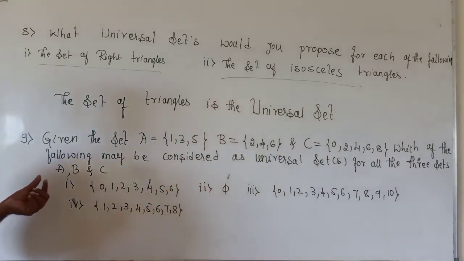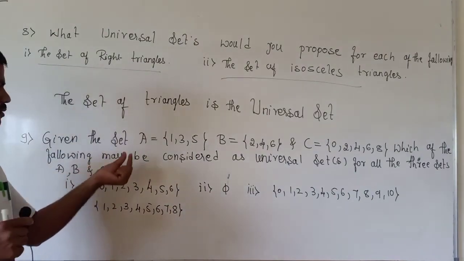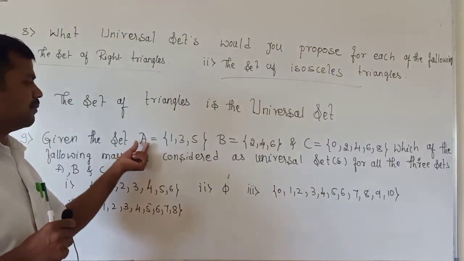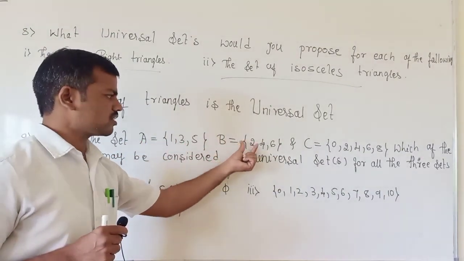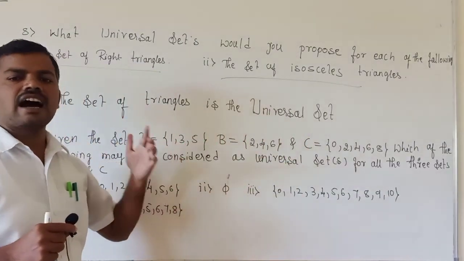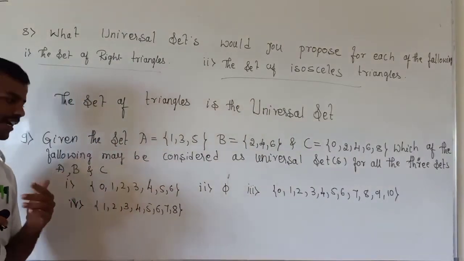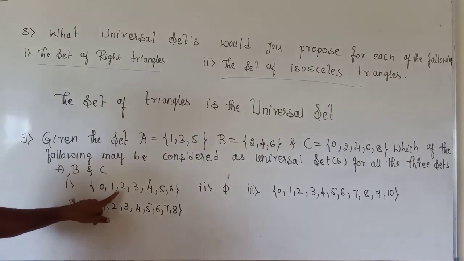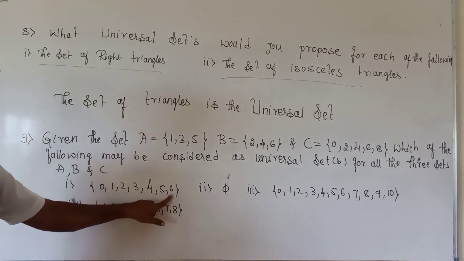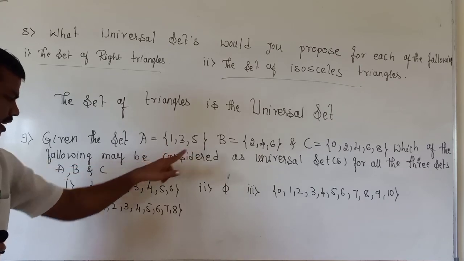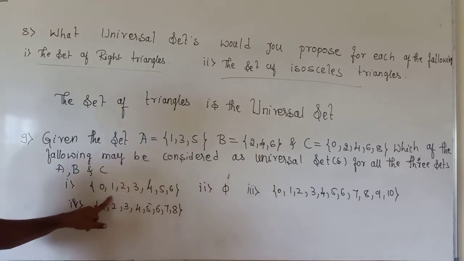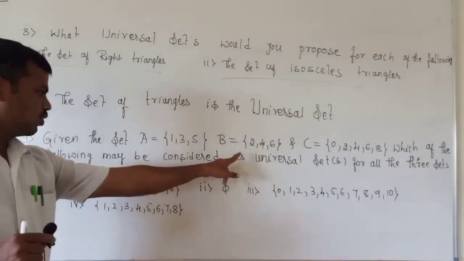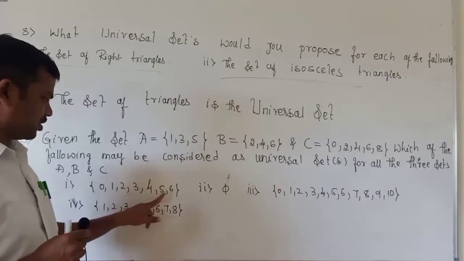Here they are asking about A, B, C, so we have to observe whether all the elements of the three sets are there or not. First we start with the first example, {0, 1, 2, 3, 4, 5, 6}. 1, 3, 5 is there, so A is a subset. 2, 4, 6 is there.